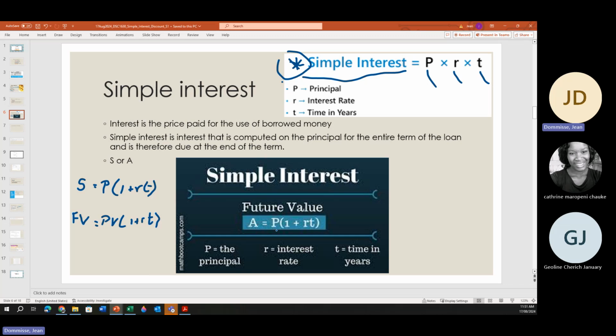And another way could have been to work out the future value is by working out the simple interest. So if you worked that out and you just add the present value, you will also get the future value.